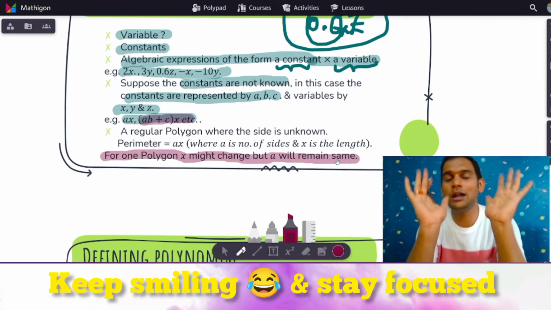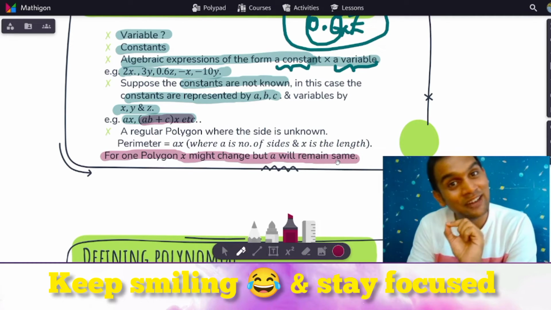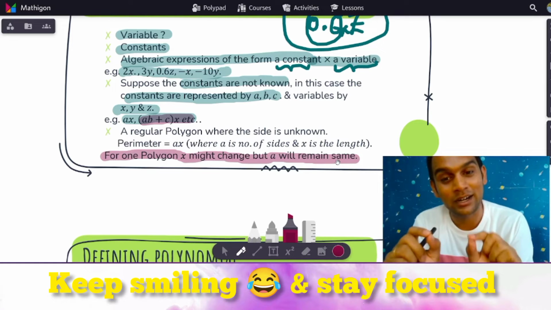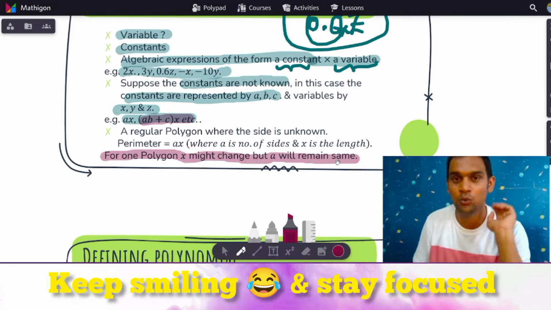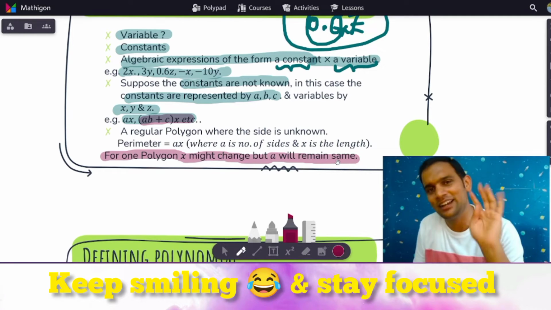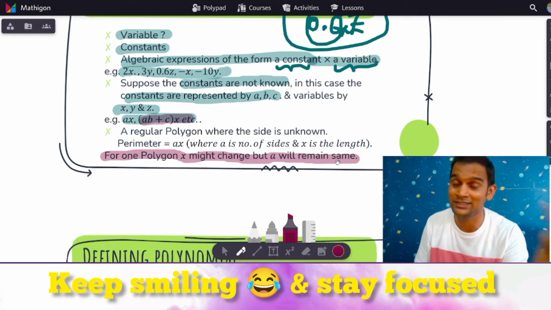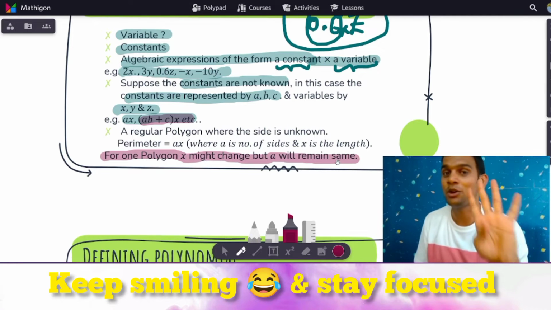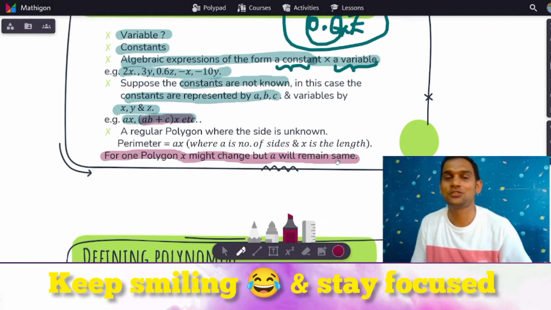Suppose I drew one quadrilateral. Is there any possibility that the number of sides will change from 4? But obviously, we can change the length. I took it as 4, I could take it as 6, 8, 10. But the number of sides will remain the same, right? So that is where this concept comes in.